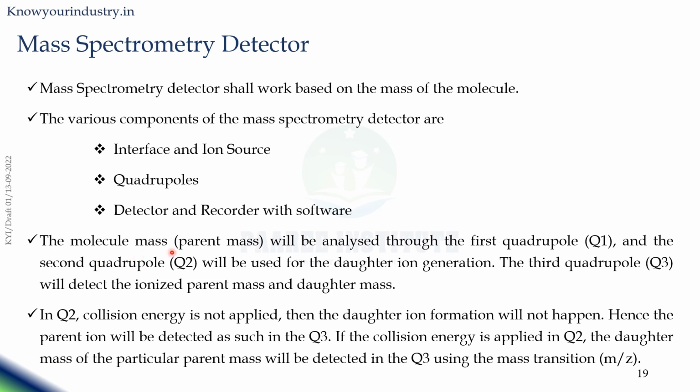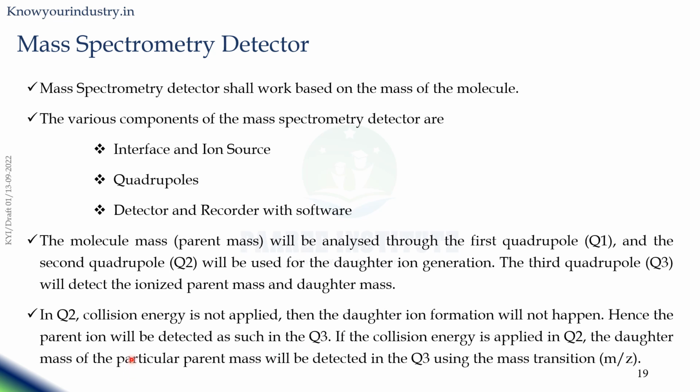The molecule mass, that is the parent mass, will be analyzed through the first quadrupole, that is Q1. The second quadrupole will be used for the generation of daughter ions. And finally, the third quadrupole will detect the ionized parent mass and the daughter mass both.